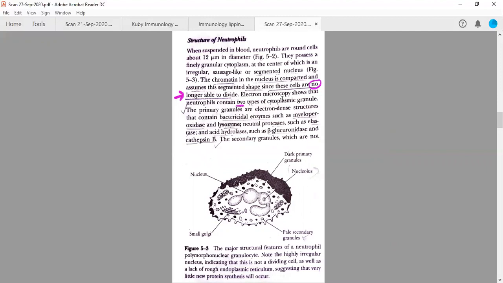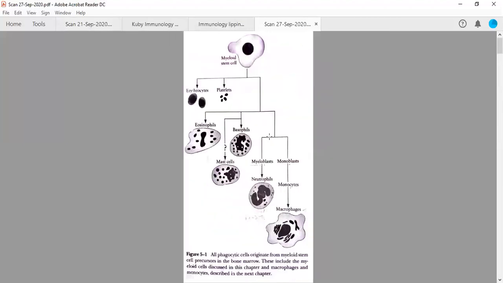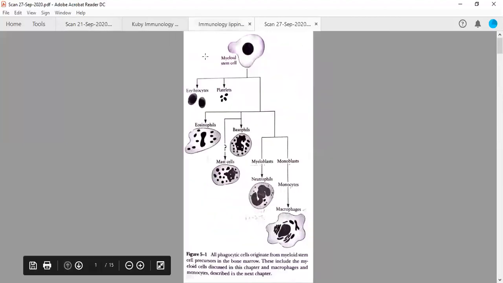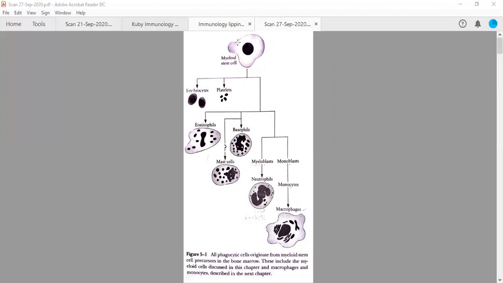So there are two types of cytoplasmic granules, and you should know that once the neutrophils are synthesized by the process of hematopoiesis, as I showed you in the previous diagram, right? So please see this again. Suppose these are neutrophils. Once these are produced, they will not divide.